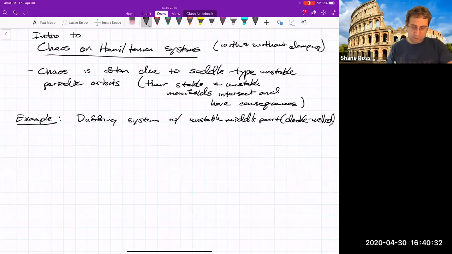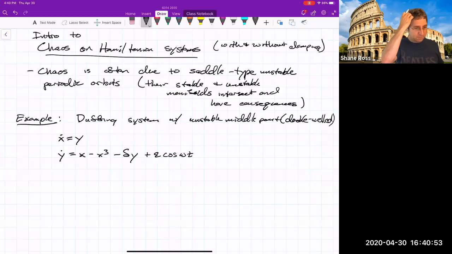This is the same thing from last time. I'll just write the first order ODEs: x dot equals y, y dot equals x minus x cubed minus delta y. You do whatever scalings and non-dimensionalizations are necessary to get things into this form.